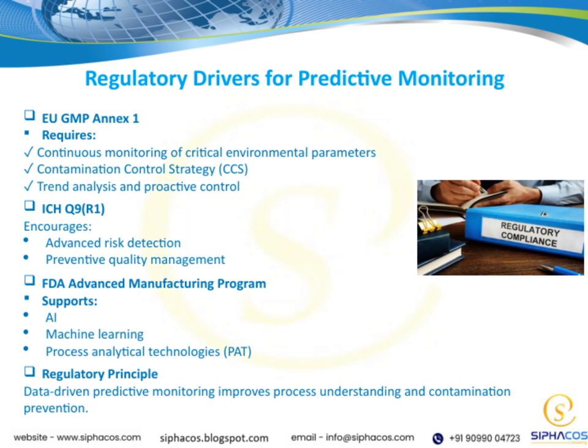ICH-Q9 encourages us to embrace advanced risk detection and preventive quality management. Meanwhile, the FDA's Advanced Manufacturing Program backs cutting-edge tools like AI, machine learning, and process analytical technologies. Together, these regulations push us toward data-driven monitoring that deepens process insight and prevents contamination before it happens.